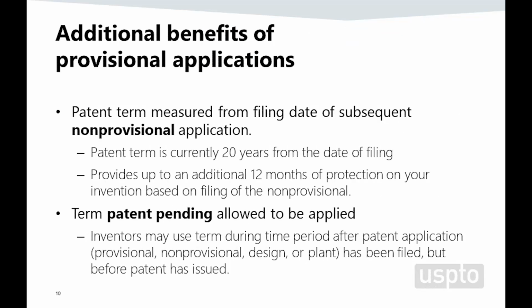Aside from getting an earlier effective filing date and getting a 12-month window to file a non-provisional application, as mentioned earlier, the filing of a provisional application may provide an additional 12 months of protection for the invention since the patent term is currently 20 years from the filing of the non-provisional application. Also, filing a provisional application allows the inventors to use the term patent pending for their inventions.